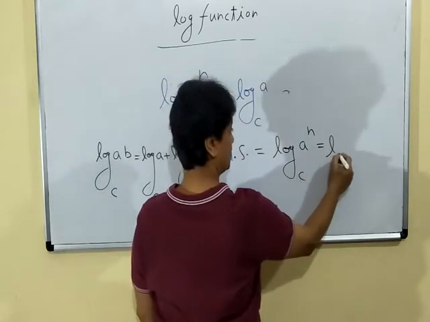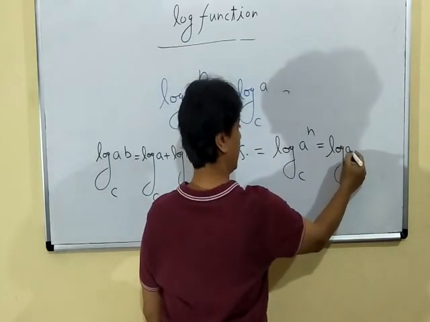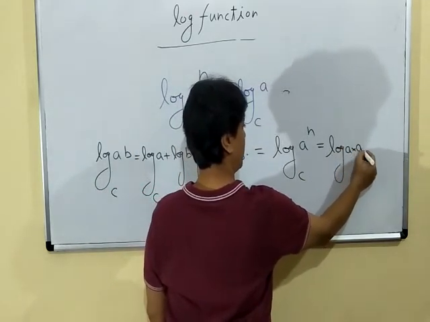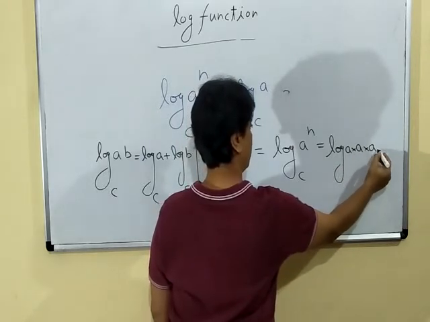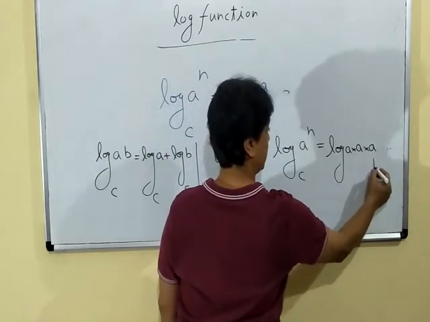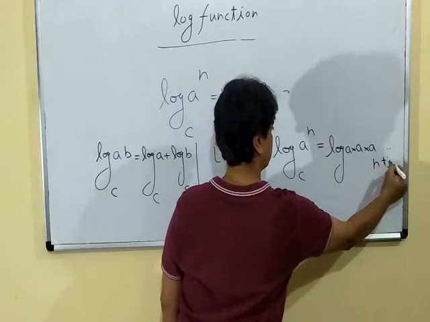What is this? This is log of a multiplied by a multiplied by a. How many times? n times.